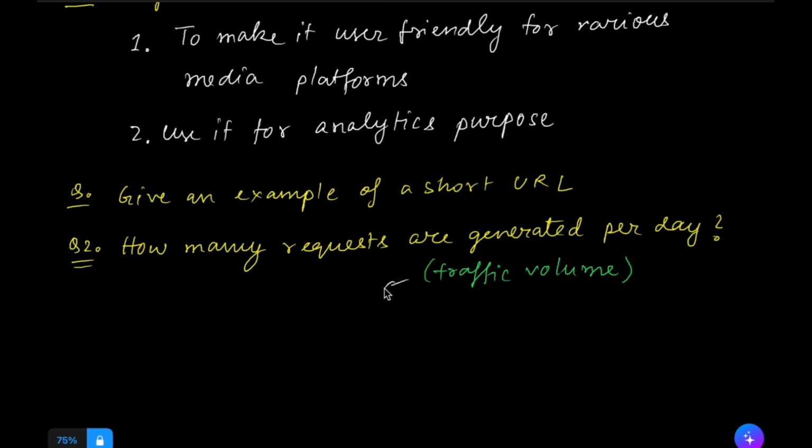Let's say the answer is 100 million URLs per day are generated. So you get an idea of how many URLs you need to convert into a short pattern to be stored in the database. So let's say this is 100 million.